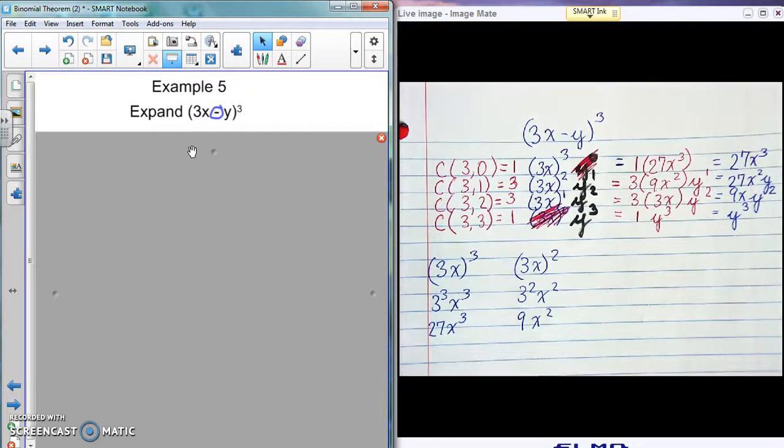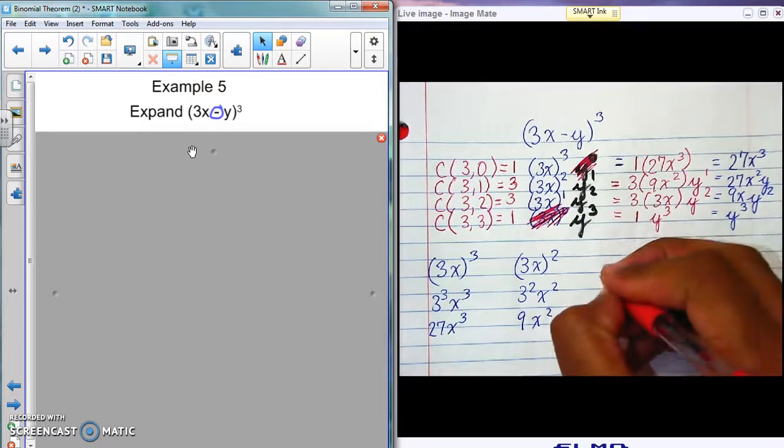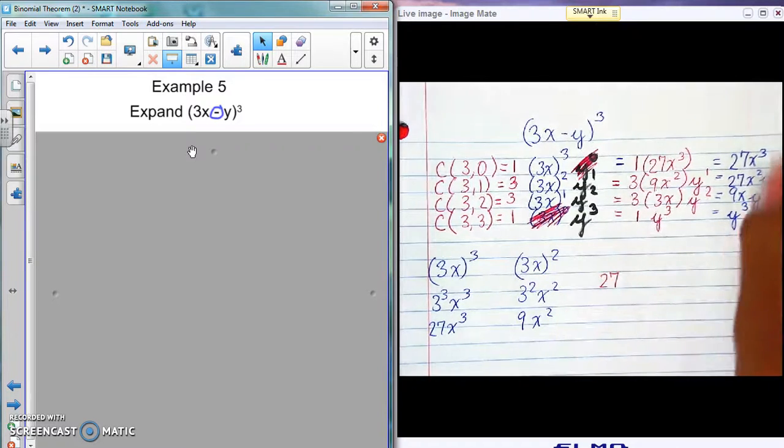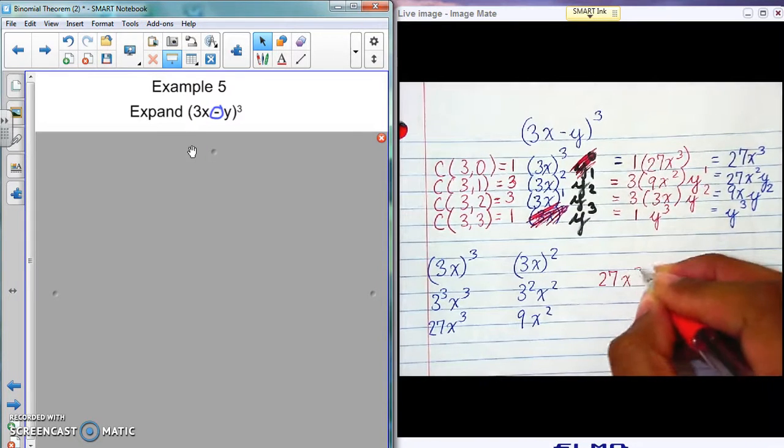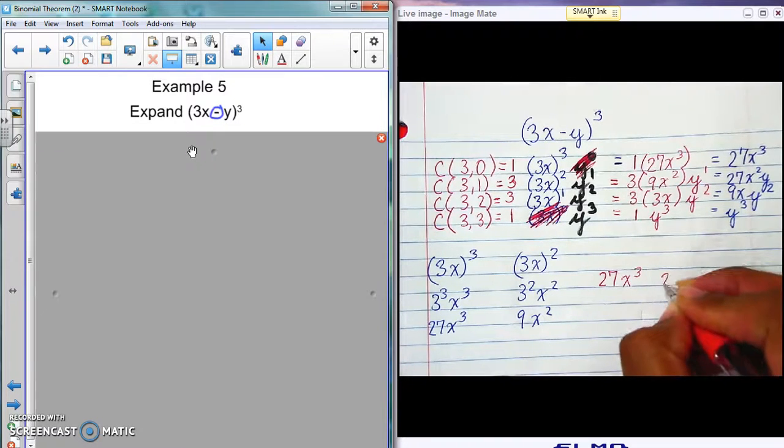Okay, now the subtraction part comes in right here. And all we're dealing with is, instead of actually doing addition signs for each one of them, we're going to do something else. So I'm going to write all these down, what we have here. Leave a space between them.